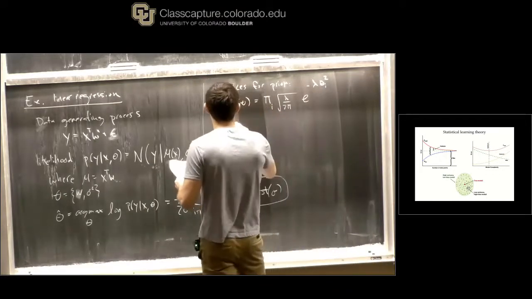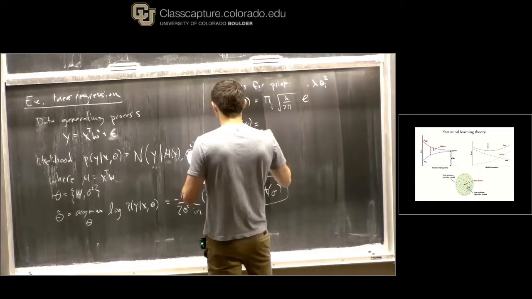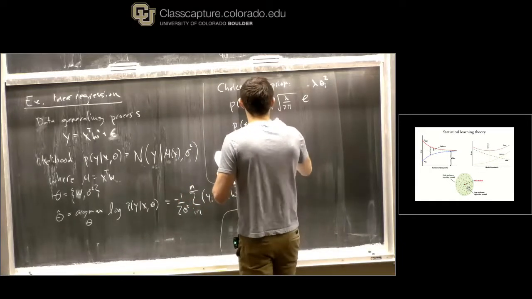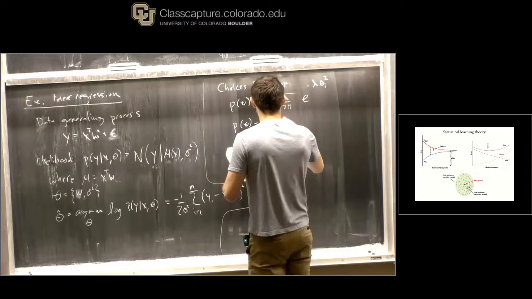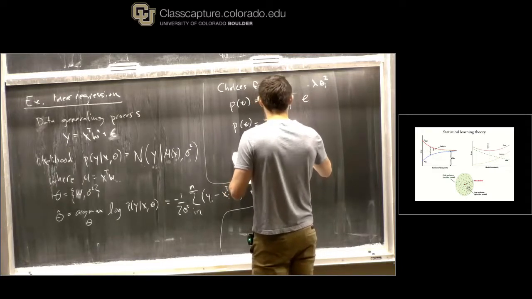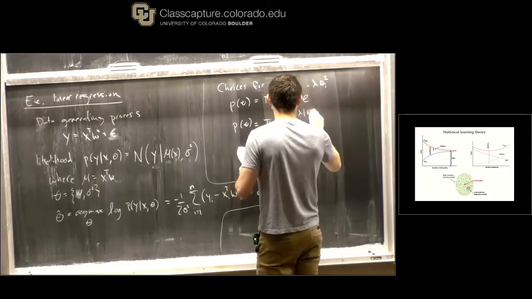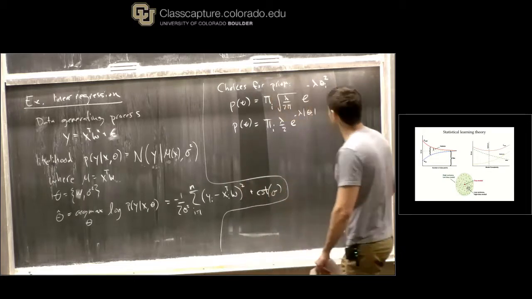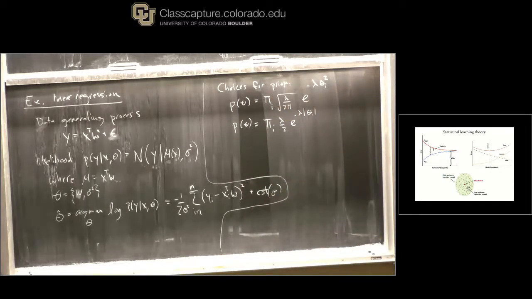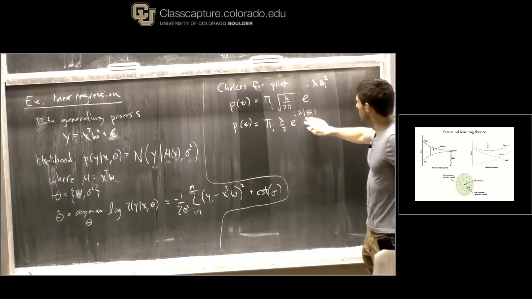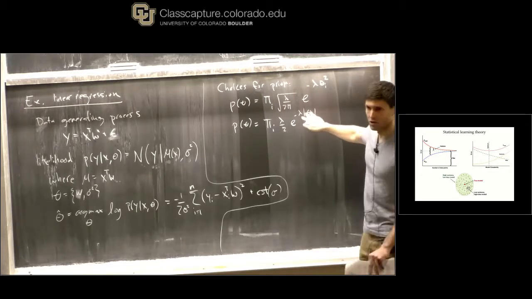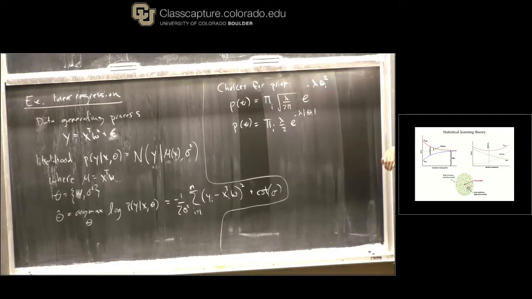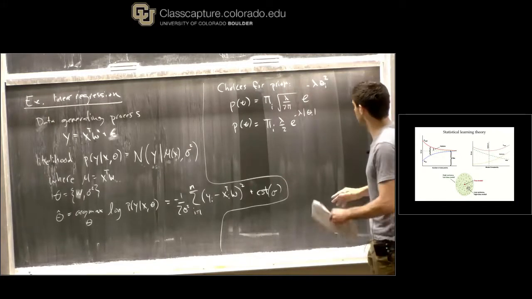Another option would be, instead of a Gaussian, just have an exponential. And this, it turns out, will encourage your parameters to go all the way to 0 if they're not being used. So this will end up sparsifying your parameters.